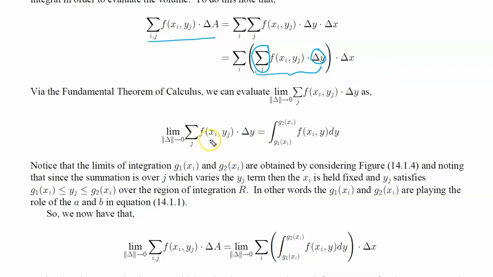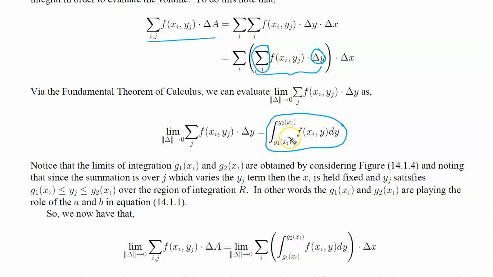And so the inner part turns into an integral from g1 of x sub i to g2 of x sub i, f of x sub i comma y dy. So that's by the fundamental theorem of calculus. You see, we're only applying it to the variable y. Now we're thinking of the x sub i as being held fixed.